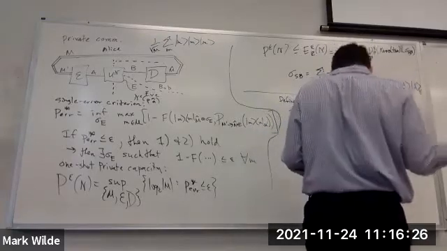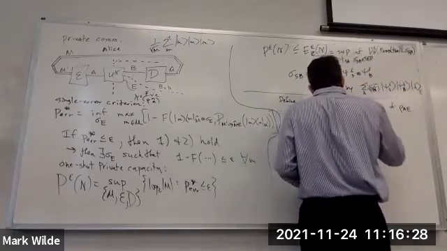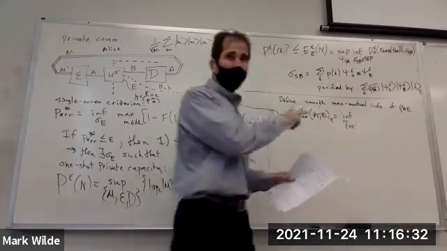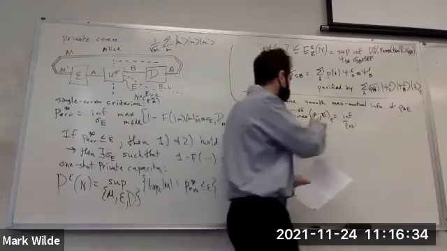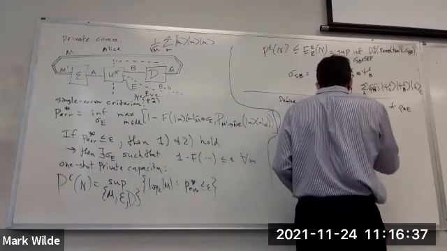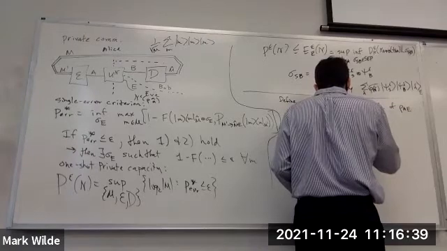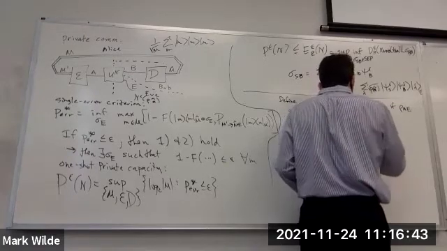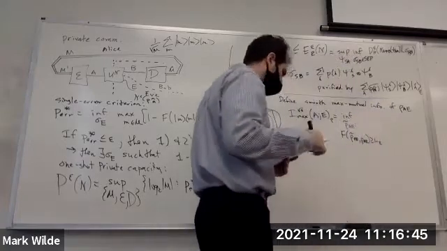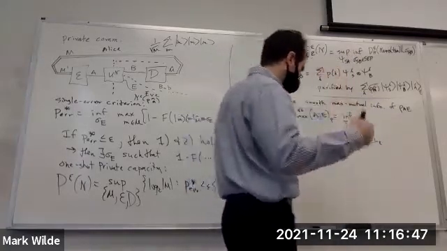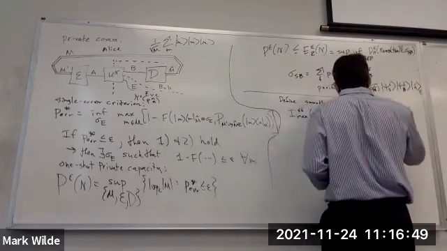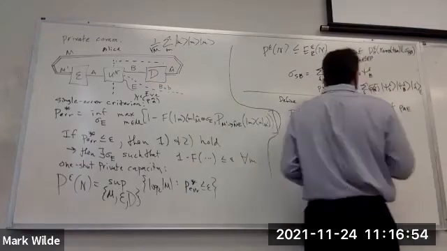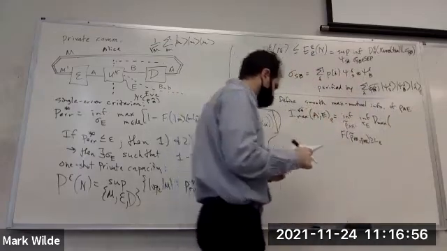We do the smoothing procedure, where we look at states that are close to rho, right? So we call those rho tilde, so they're close in fidelity. We do that, and then also we optimize over the state and over states in the second form. And then we use the max relative entropy.